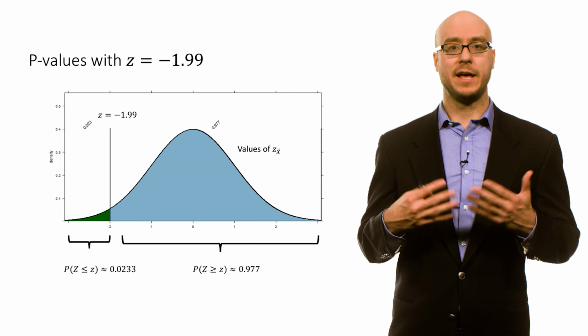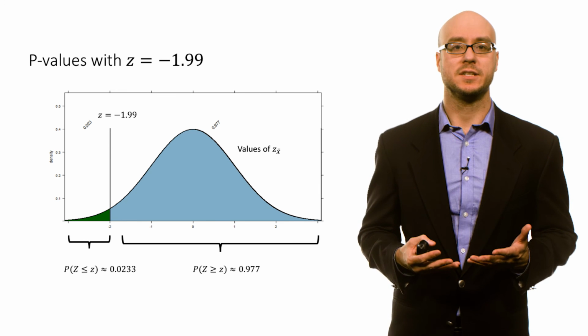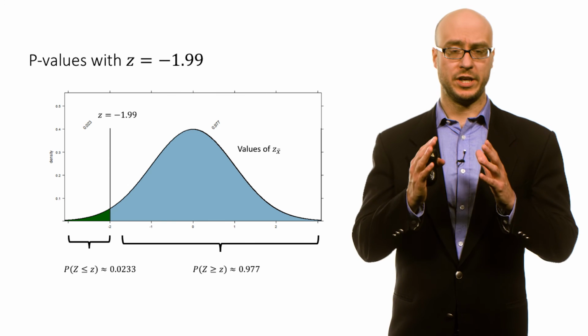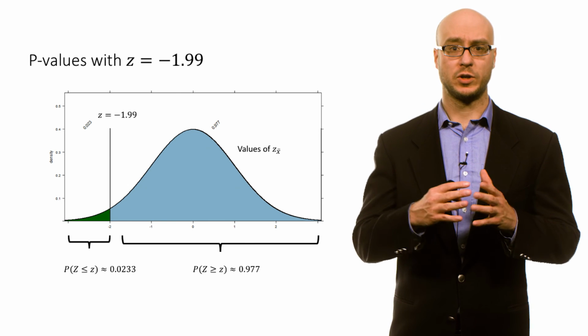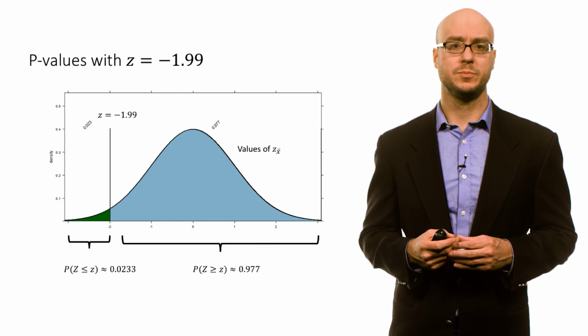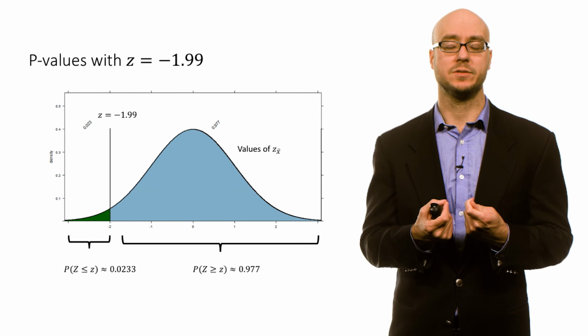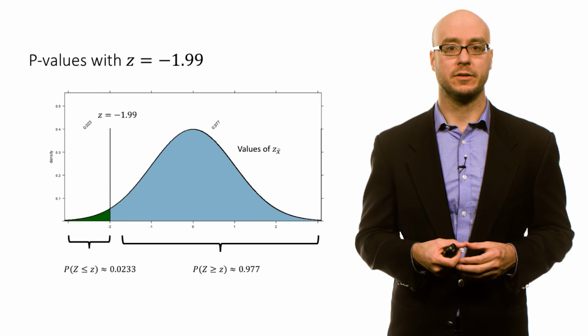Let's examine p-values with a z-test statistic of negative 1.99. The idea, again, is we can use the z-test statistic, its location on the standard normal distribution, to obtain probability values, and then we compare these probability values to our alpha criterion level.